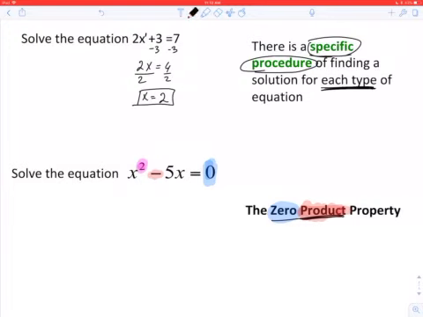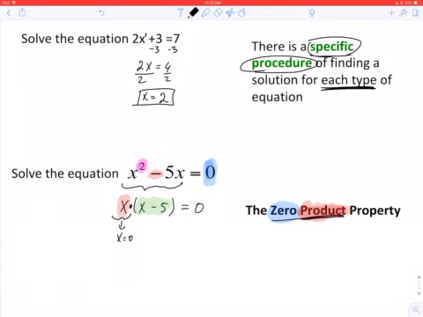We have to have a multiplication, so we will be factoring the left side. We can factor out an x. And now we have a multiplication. We're multiplying x with x minus 5. Based on the zero product property, each of those factors can be 0.